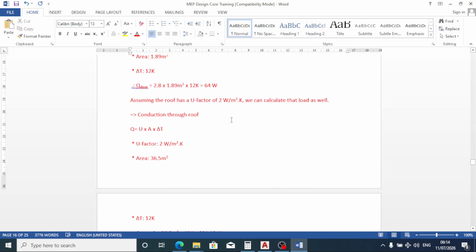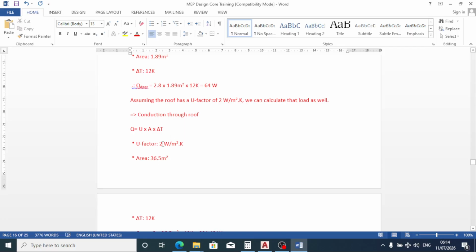For the roof, yes, I think 2 watt per meter squared Kelvin is okay. We are assuming it's an aluminium roof, and you know, we are going to have sealing or POP, which will also help to reduce the direct conduction. So 2.0 is okay.